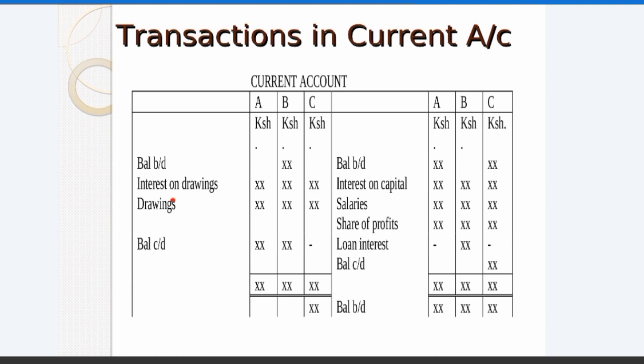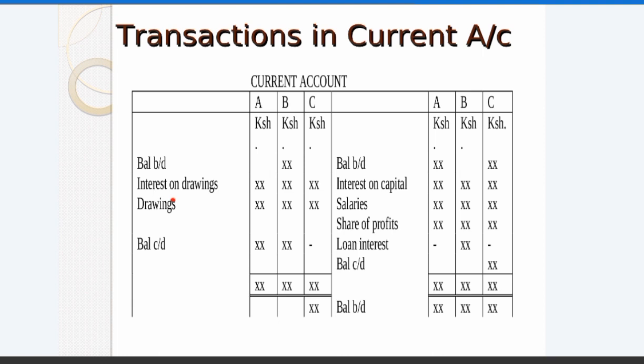Number two, any drawings that they make, the drawings themselves, will again reduce their interest. And number three, a share of the loss. If there is a net loss, then the share of that loss will reduce their current interest.